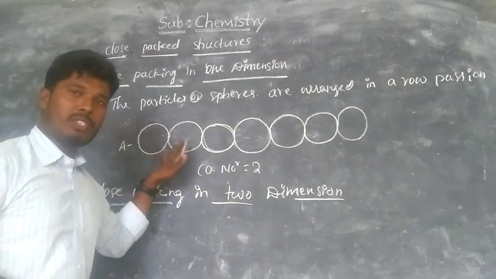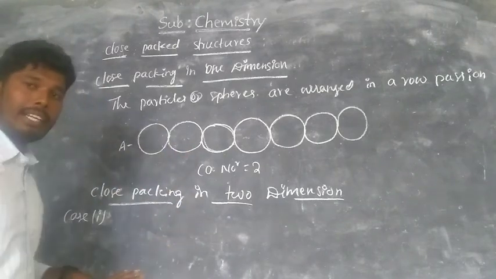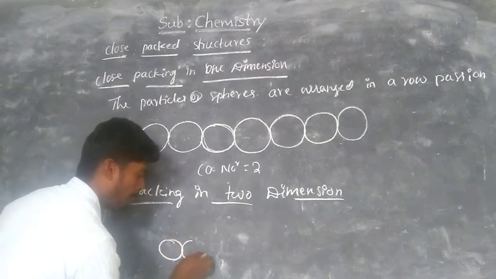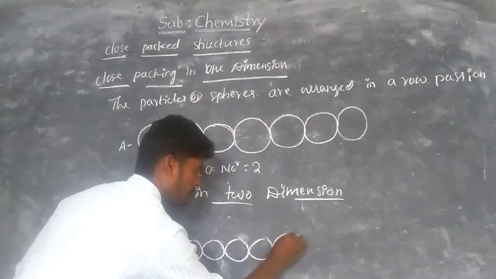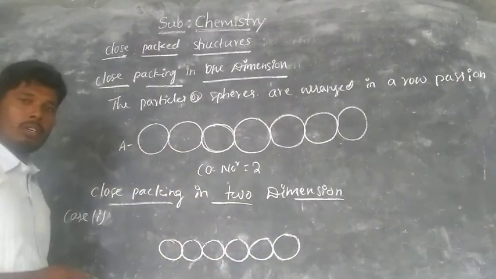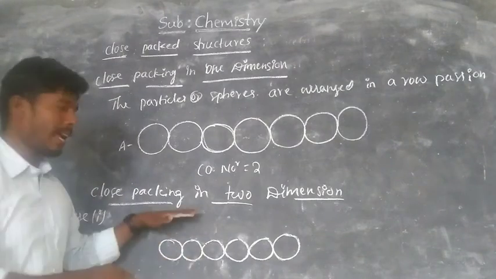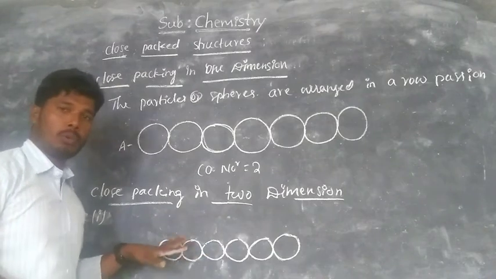It means first row, then you get a structure like that. Now observe, this is the first row, the previous row, and the second row is exactly placed over the spheres of the first row.